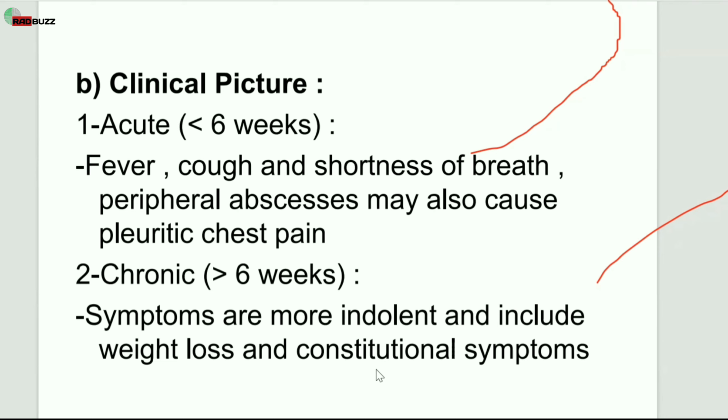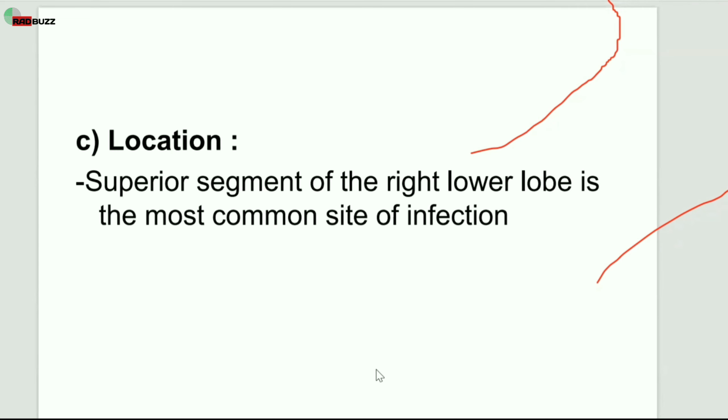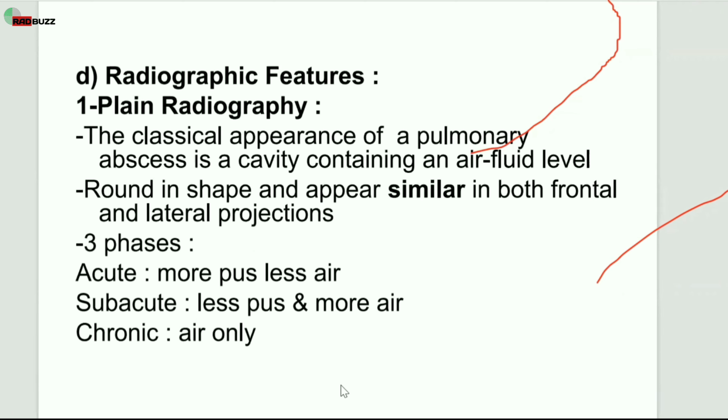One must think of chronic non-resolving infection or abscess, which may be a tumor. They're usually in the superior segment of the right lower lobe, and the classic appearance of the abscess will be an air fluid level. So whenever there's an air fluid level within a pulmonary lesion, you have to look for whether it is intrapulmonary or extrapulmonary.